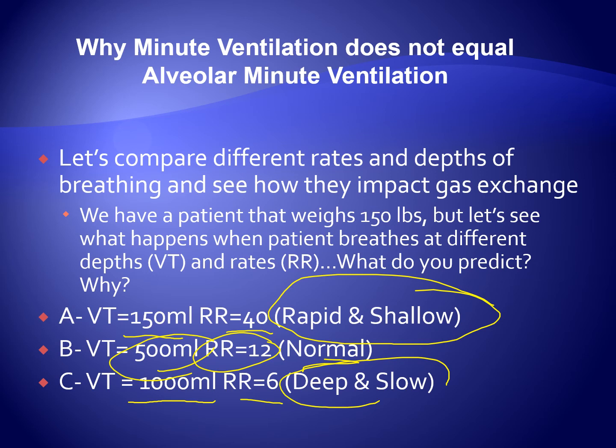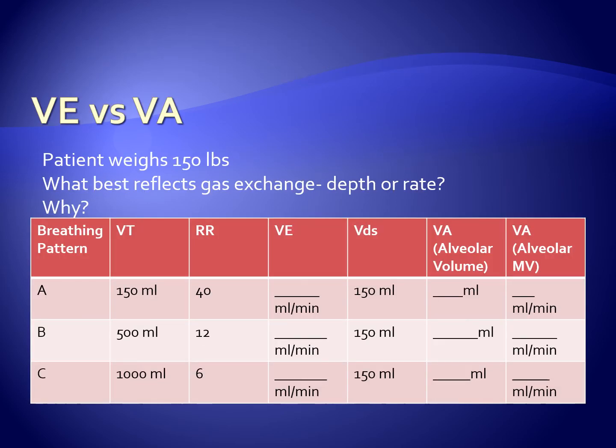So what's going to happen in this situation? When we're looking at this, a rate of 40 times 150 is going to be a minute ventilation of 6 liters. So we know the minute ventilation there. Our dead space, remember we talked about being 1 ml per pound, is 150 for them.